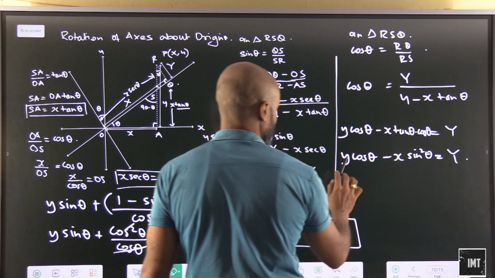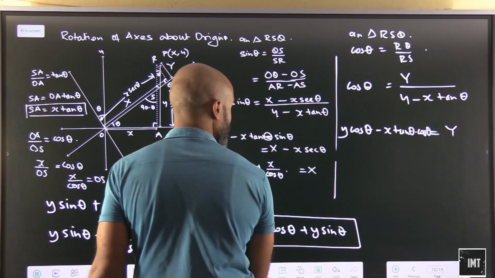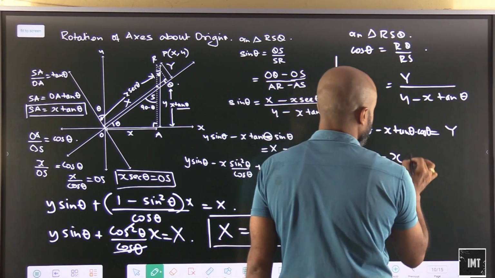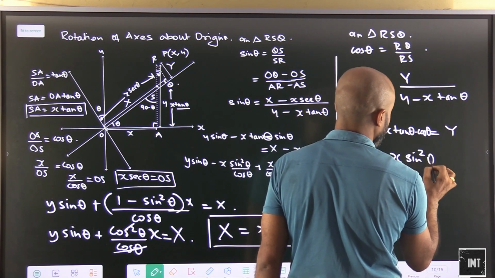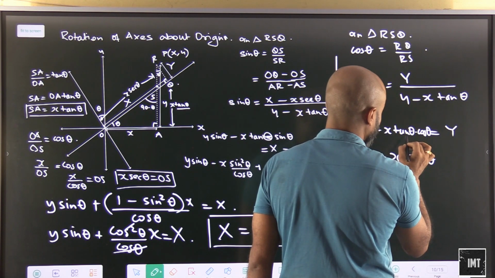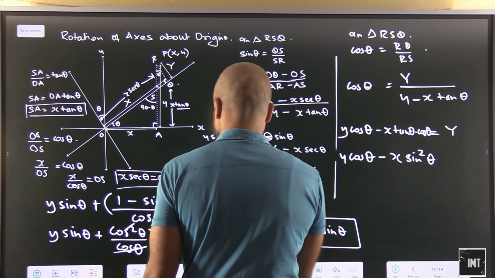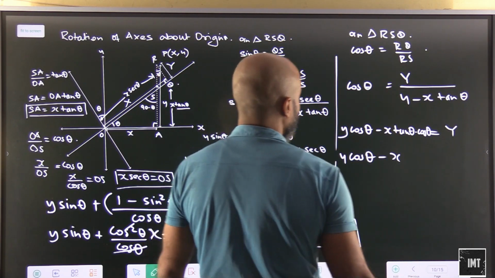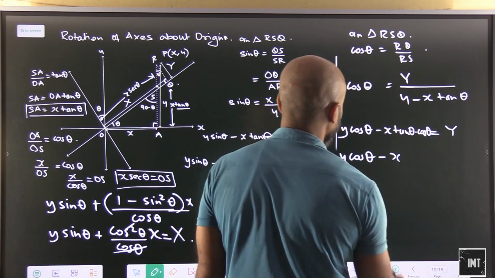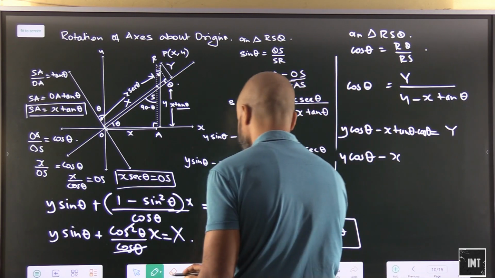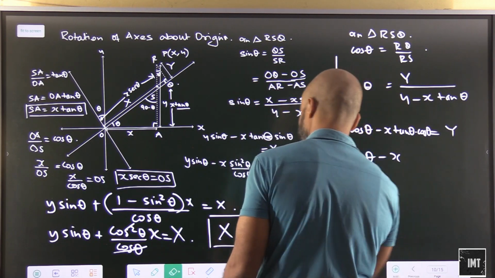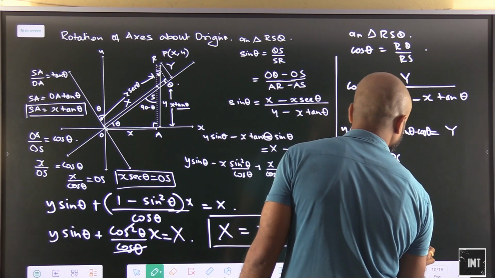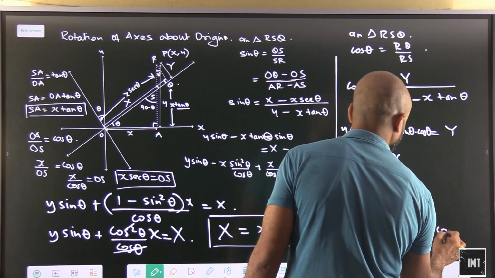Just one moment here. So this is going to be y cos theta minus x sin square theta. X tan theta into cos theta means sin theta upon cos theta into cos theta.